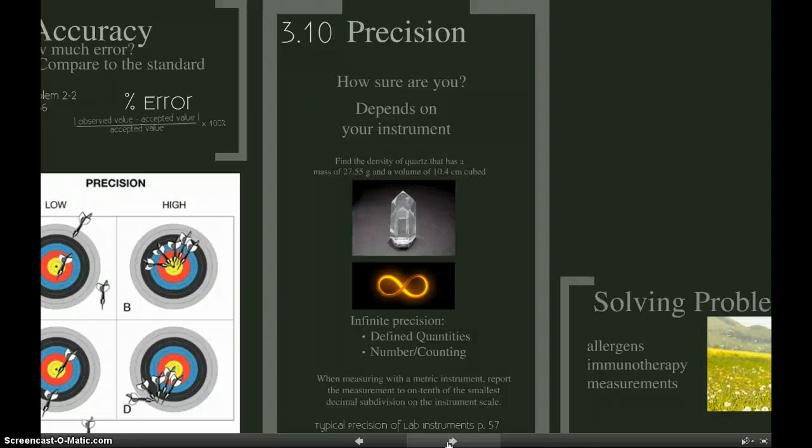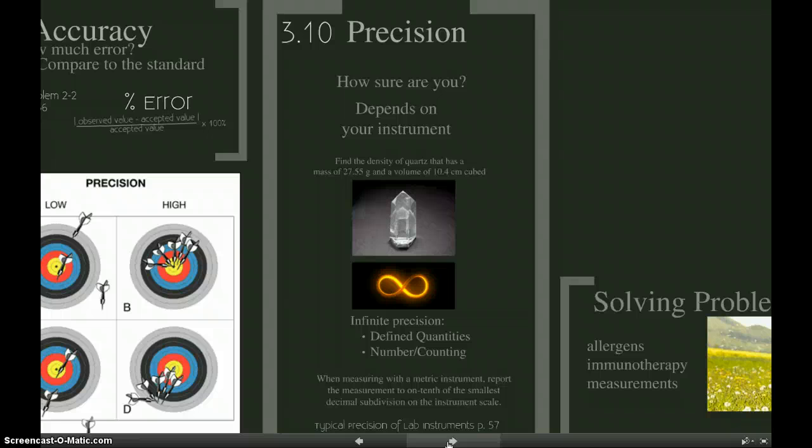My second question for you, that I want you to write down and answer, is: what is the difference between absolute error and percent error? Write down that question and then answer it using this information we just talked about.